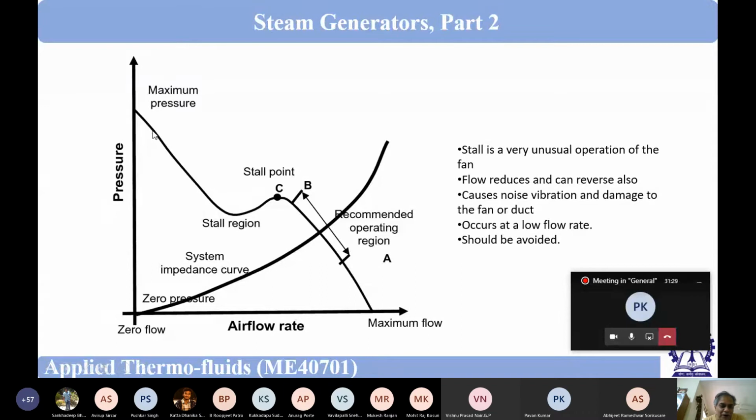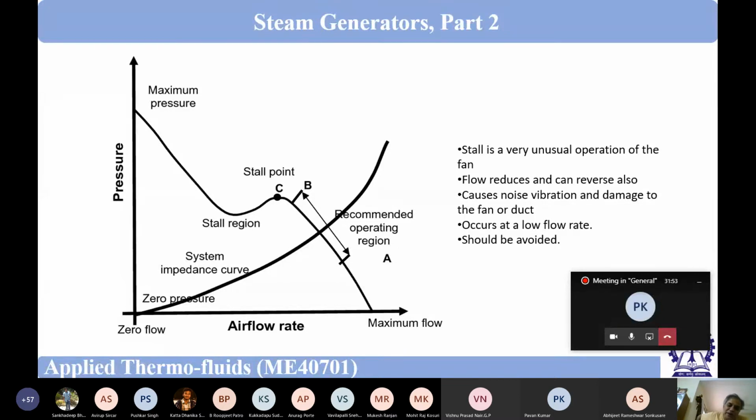So for the fan, what will happen? If we increase the flow rate, delta P will reduce. Both cannot increase, otherwise we will have an enormous amount of power requirement. Air flow rate increases, delta P will reduce. And for a duct or pipeline, what will happen?